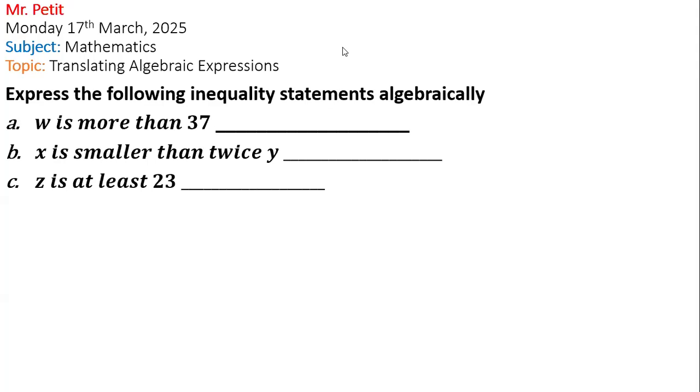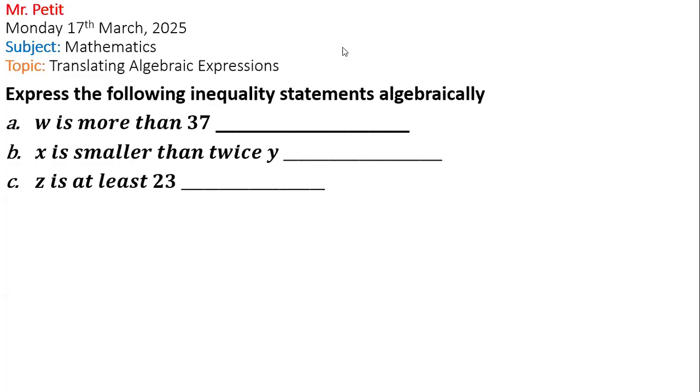Where's Mark? Mark, can you hear me? Yeah, sir. Mark, read the question for me, please. Express the following inequality statements algebraically. A, W is more than 37. B, X is smaller than twice Y. C, Z is at least 23. Very good.